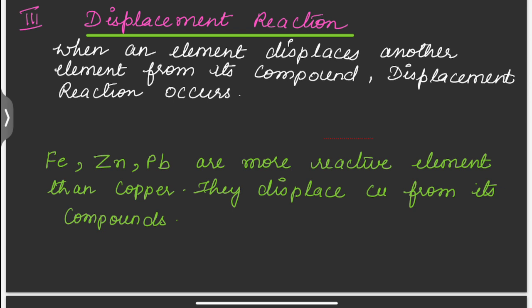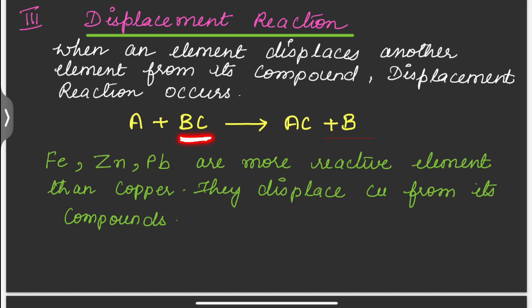For example, take A plus BC giving AC plus B. Observe carefully, A is an element and BC is a compound.